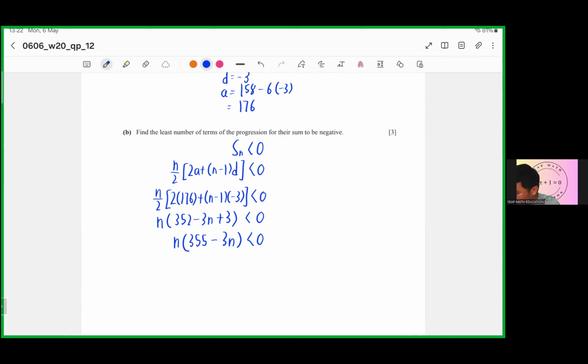So we can write n equals 0 and one more n equals 355 divided by 3, which is 118.33. So I just dash for this, 0, here is 118.3. Sorry, we forgot this negative.